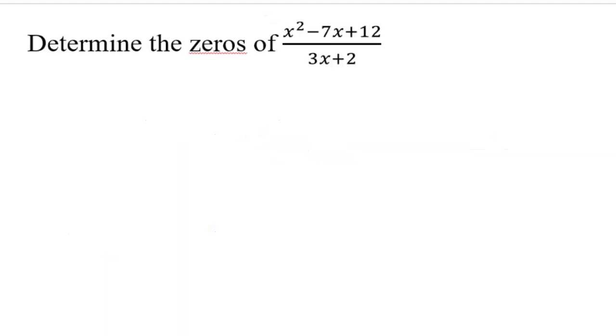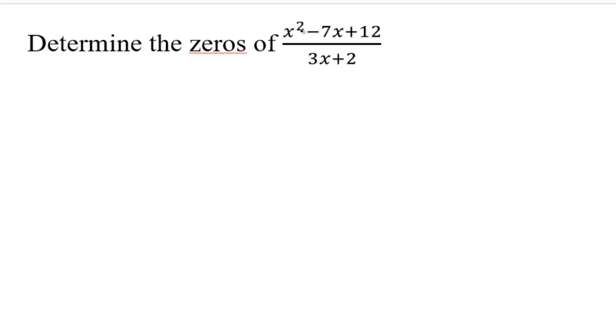Now moving to the next question, we have to determine the zeros of x squared minus 7x plus 12 all over 3x plus 2. So once again, to determine the zeros of an algebraic fraction, we equate the numerator to 0.